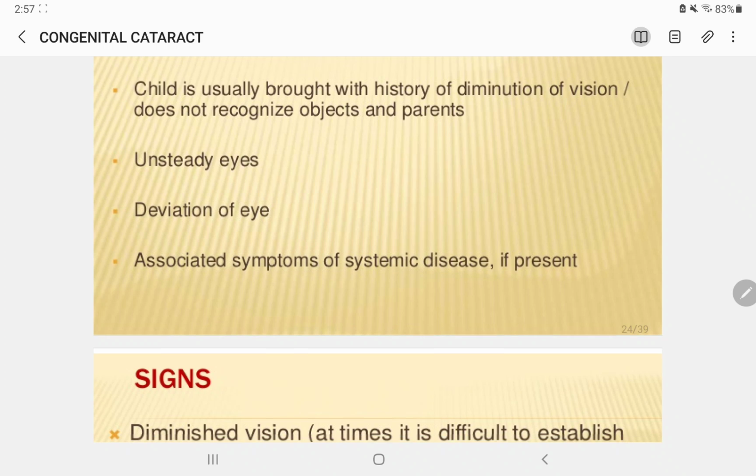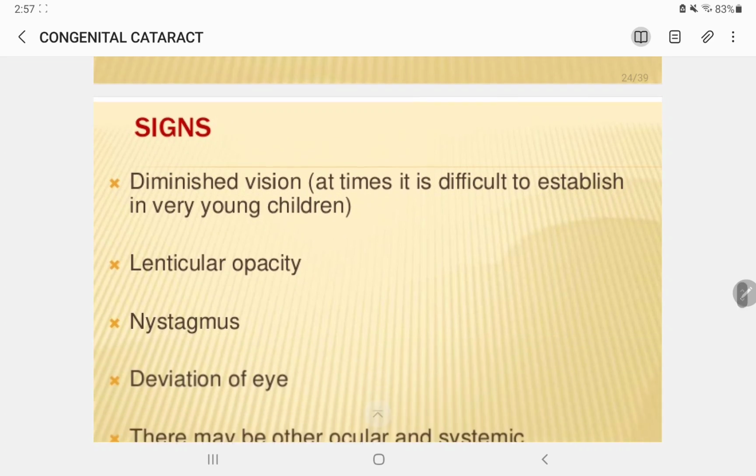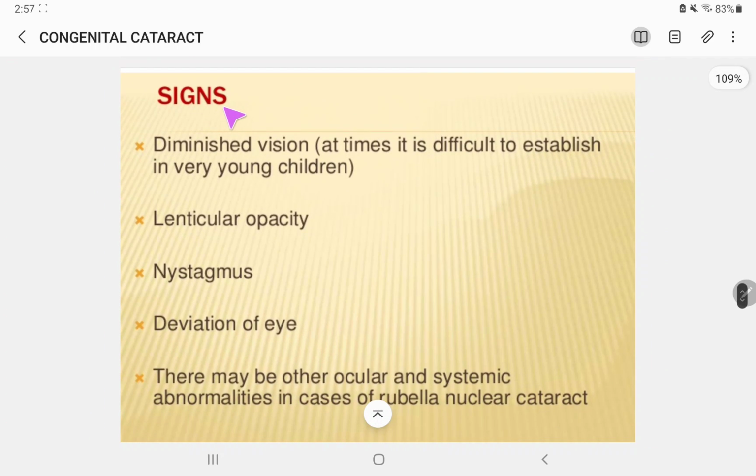So, any associated symptoms of any systemic disease if present, and signs. The signs are very important because here we can find out the diminished vision. At times it is difficult to establish in very young children, because they are small and can't respond properly about whether they are seeing properly or not.